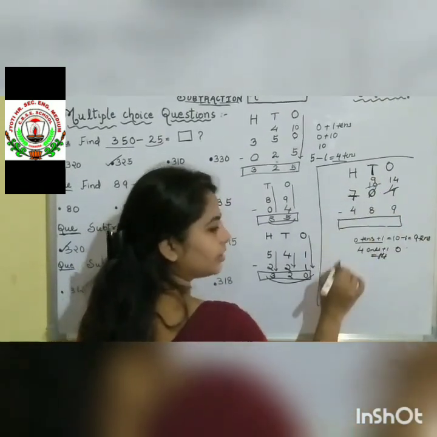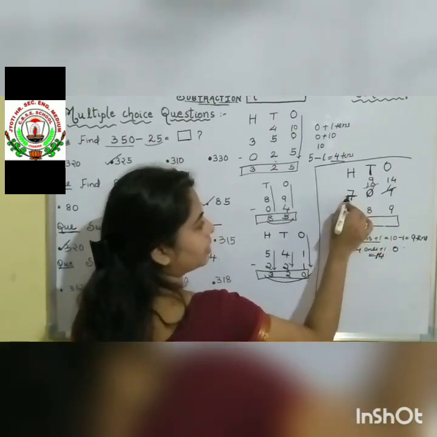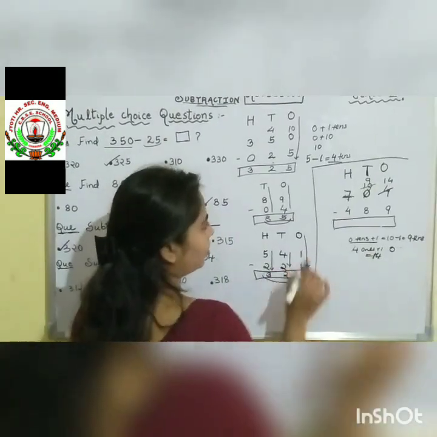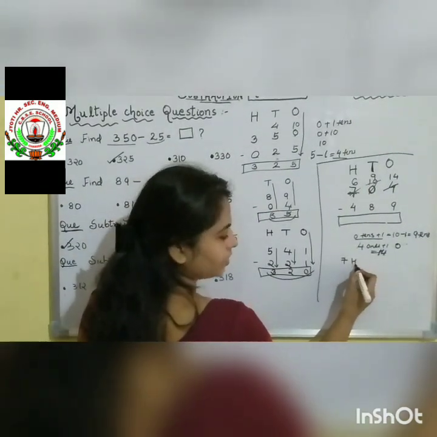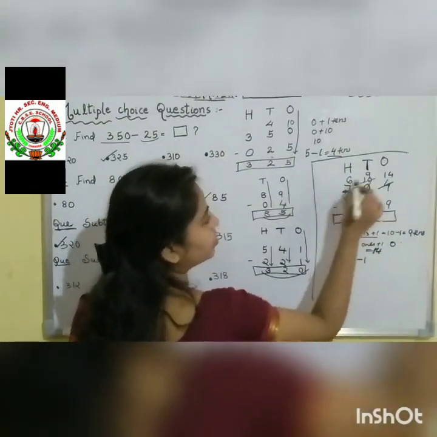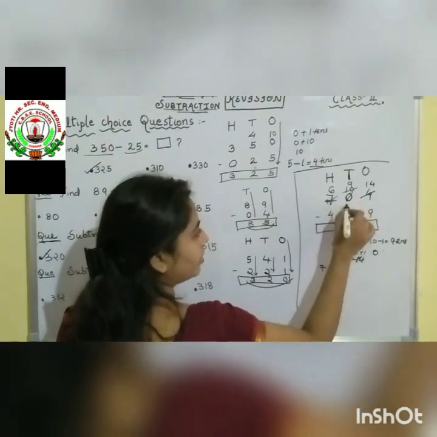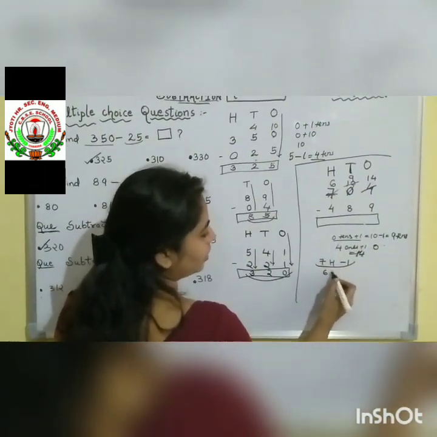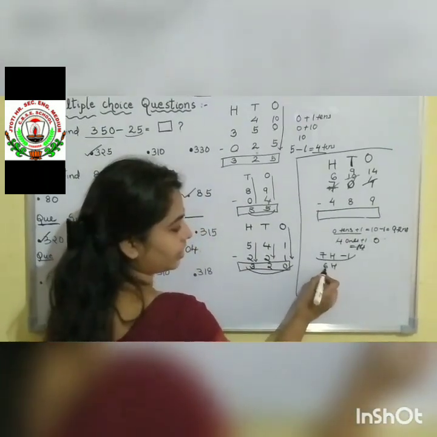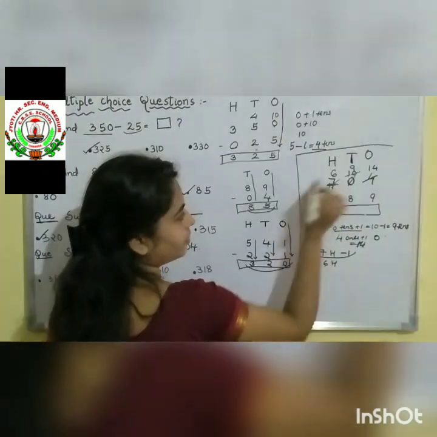9 minus 8, yes, it is possible. But this 7 will not remain the same. It will become 6, because 700 was there. It has given 1 to the tens place. So 700 minus 100, now the answer of the hundreds place is 600. 6 we have written.